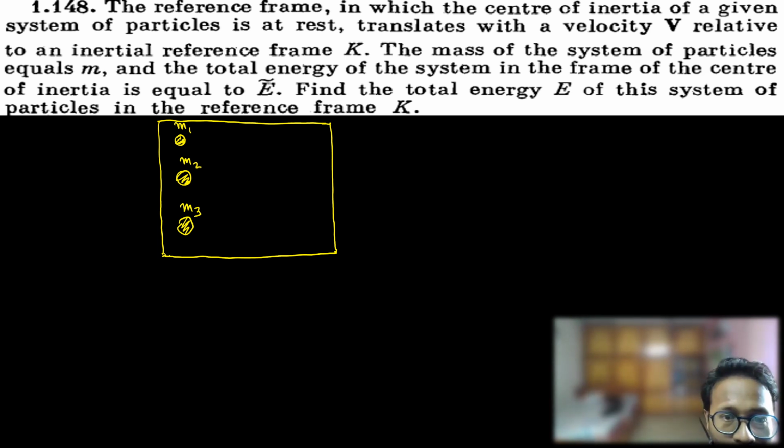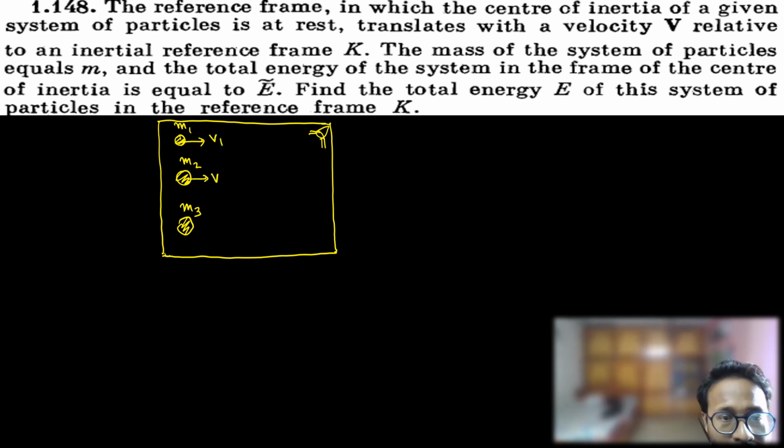Now, when I put a CCTV in this camera, that means this CCTV is seeing this particle move with velocities v1, v2, and v3.